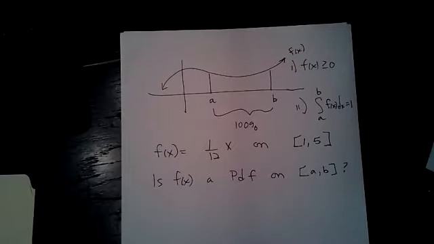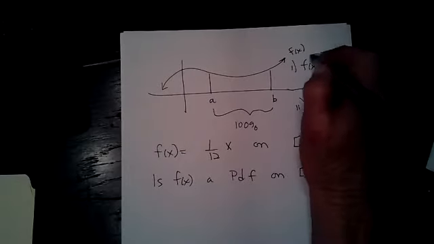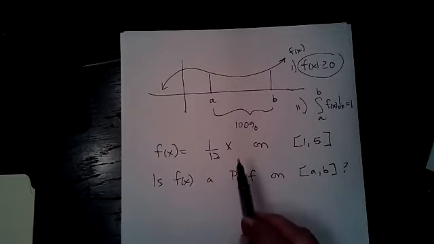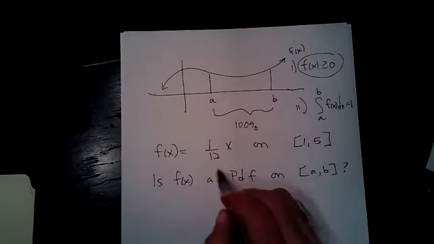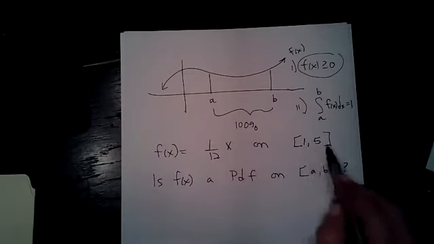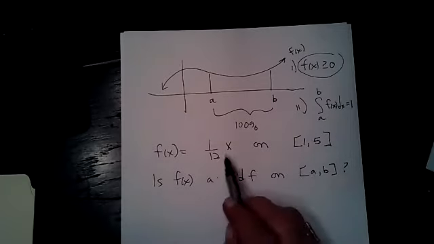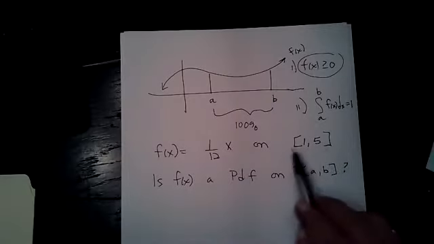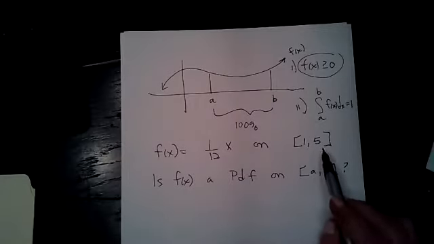Okay, so two conditions would have to hold. We would have to ask, is my function positive on the interval? My function is 1 over 12 times x, and my interval is 1 to 5. Now, if we had a graphing calculator, we could graph 1 over 12 times x and look at the picture of it from 1 to 5, and it would be positive.